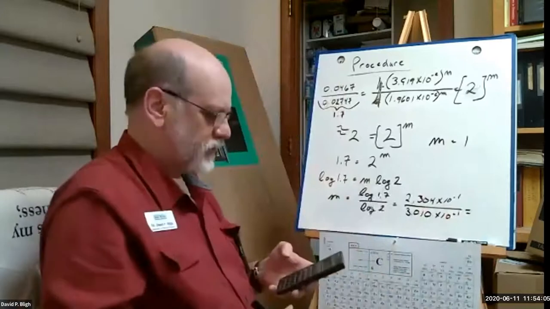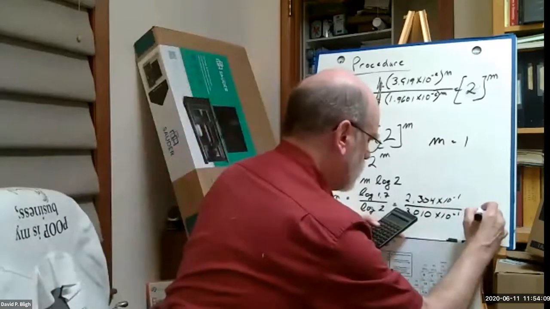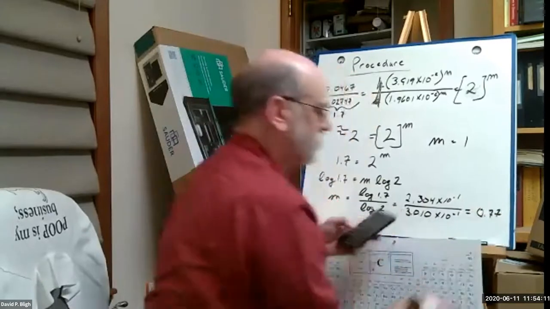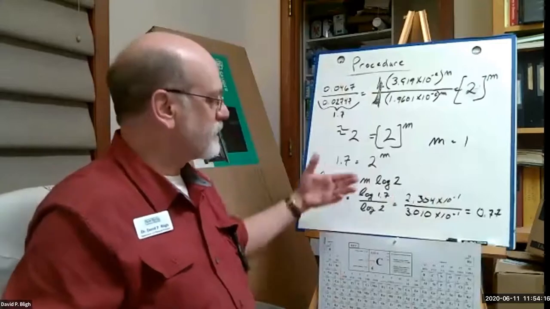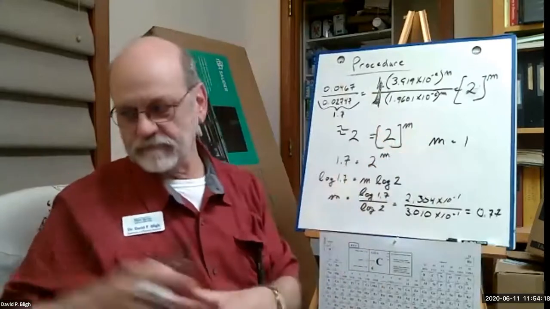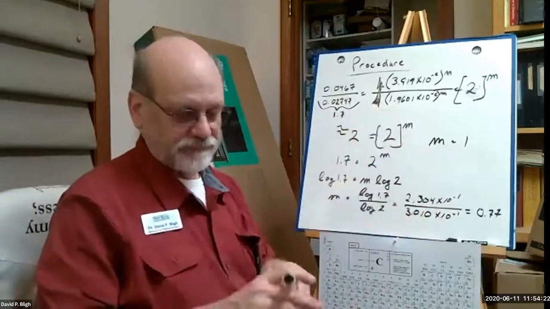And divide those two, and you get 0.77. Right? So m equals 0.77. It's something less than 1. So this is exact, this is approximate.